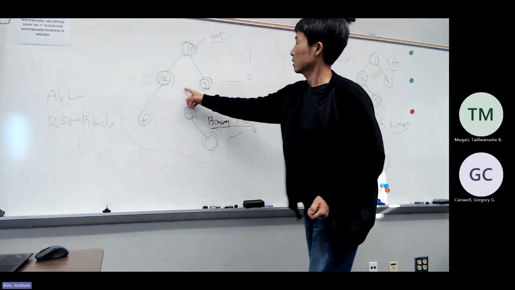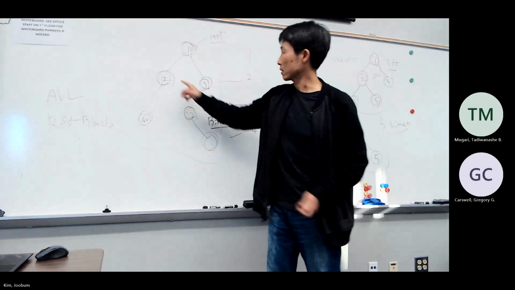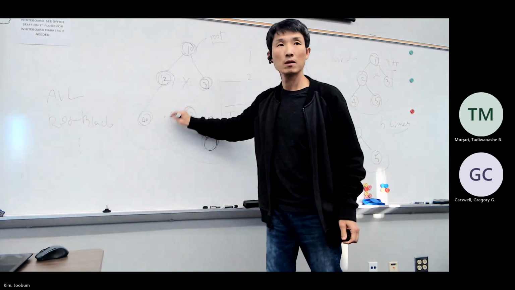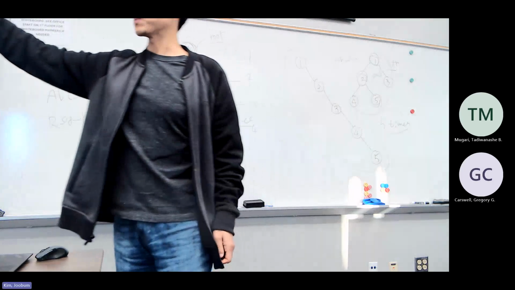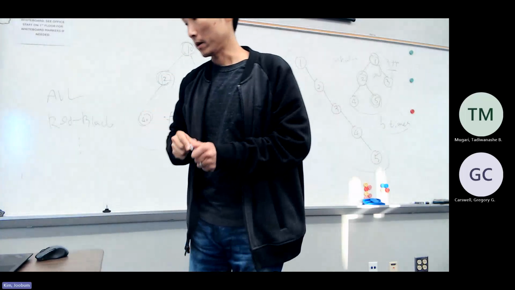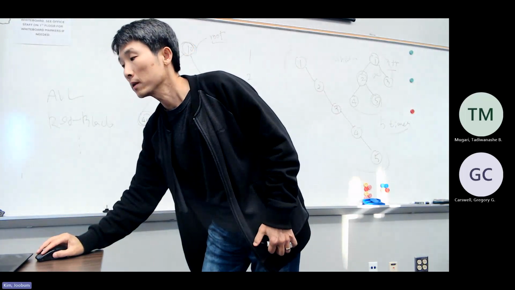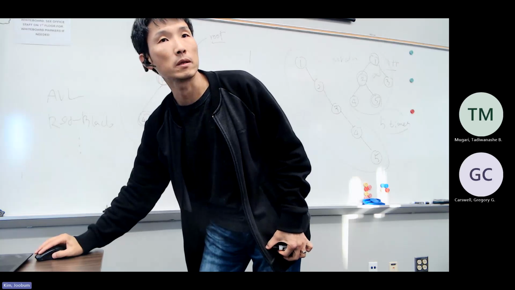But in a binary tree, there's no connection. In the B plus tree, there are connections between cylinders.